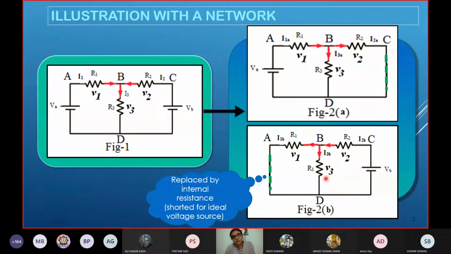Now what does the superposition theorem state? I1 should be equal to I1A plus I1B, I2 should be equal to I2A plus I2B, and I3 should be equal to I3A plus I3B. And that we will see through experimentation.